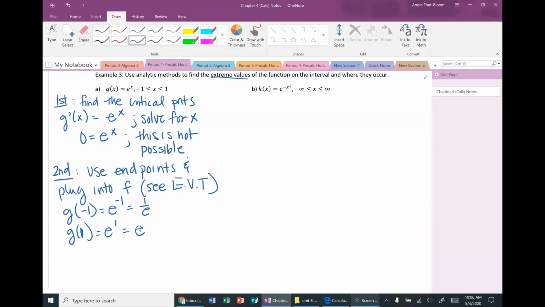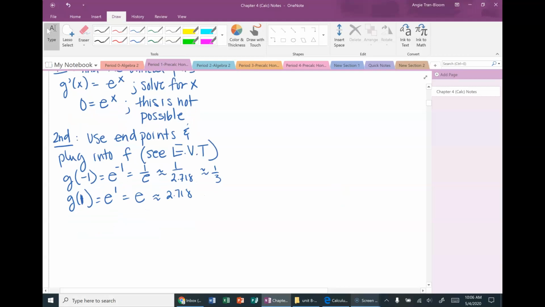So if you think of this, your derivative was not defined, then your endpoint, one of it is 1 over e, which is 1 over 2.718, which is about a third, and then this is about 2.718. So you only have 2 locations, and as you know, e to the x is continuous, so this is a continuous closed interval, and based on your extreme value theorem, we know there has to be a max and a min.